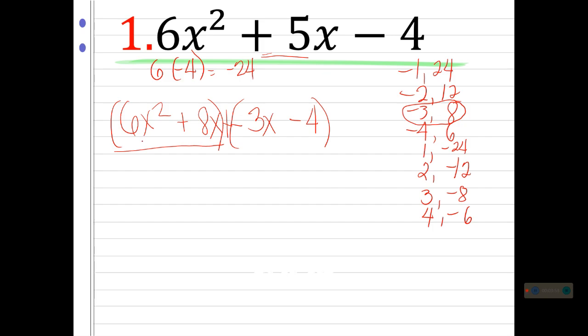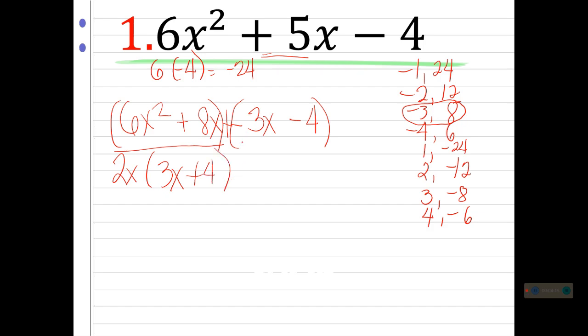The GCMF in the binomial 6x squared and 8x will be 2x. 6x squared divided by 2x is 3x, and 8x divided by 2x is positive 4.